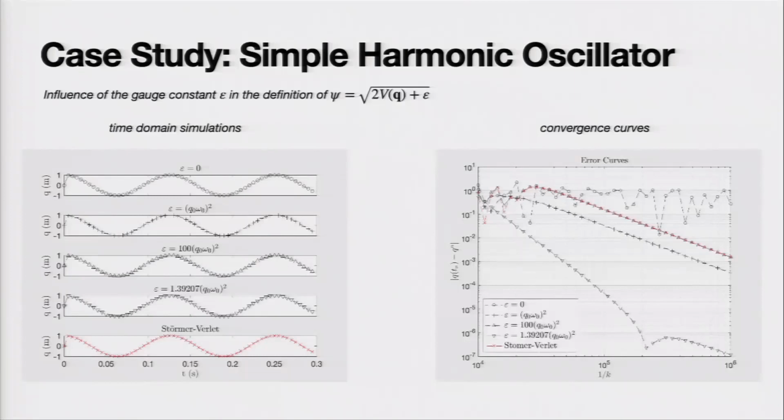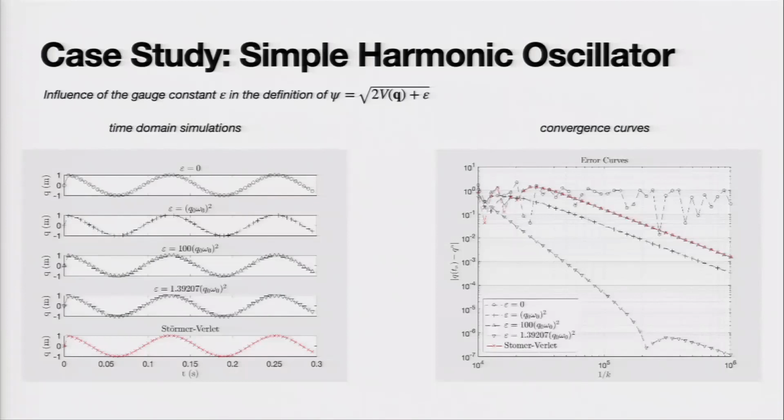So you would think that as you increase the sample rate, your error should decrease. And in fact, when the gauge constant is 0, the error is not decreasing. So even if you look at the time domain simulation, it looks like the scheme is doing something reasonable, but actually this scheme is not converging because the slope is not going down.